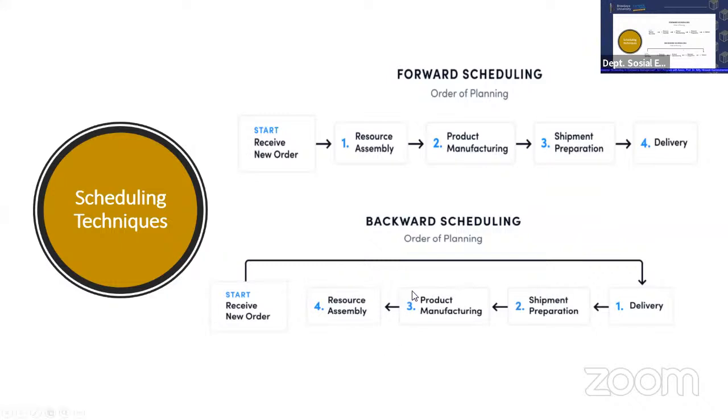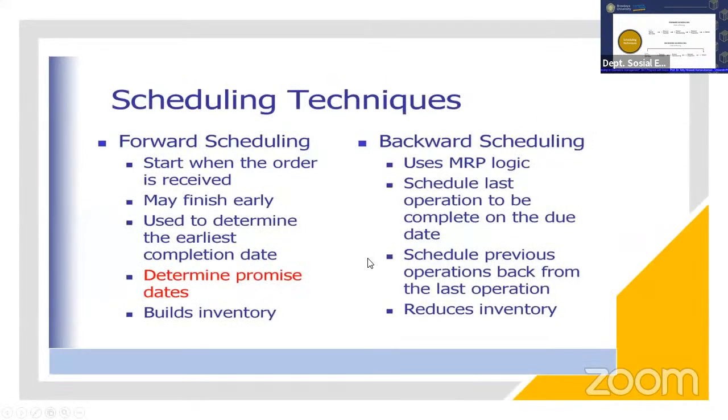For forward scheduling, we can immediately start the production when we receive the order. Meaning the moment we receive the order, we can start the production of our product immediately. So the benefit of using forward scheduling is we can finish as soon as possible because we try to achieve the due date.